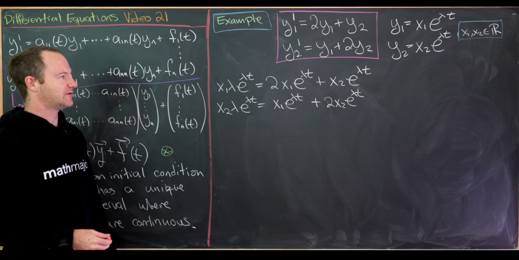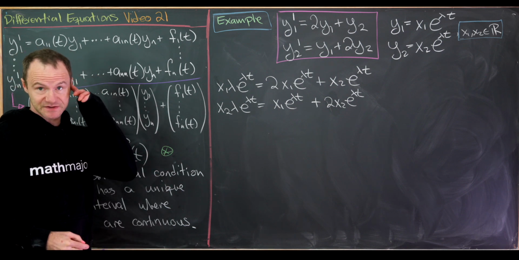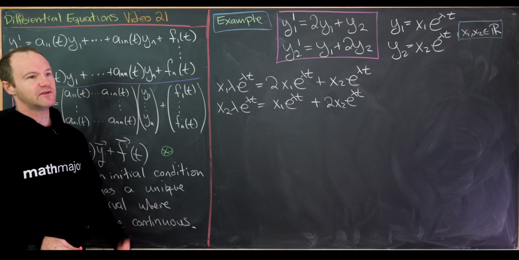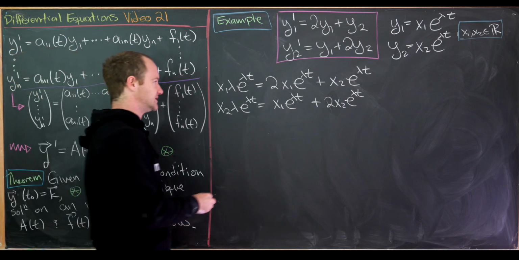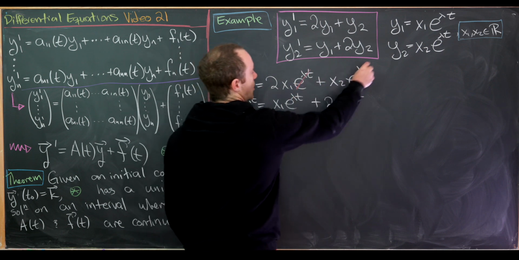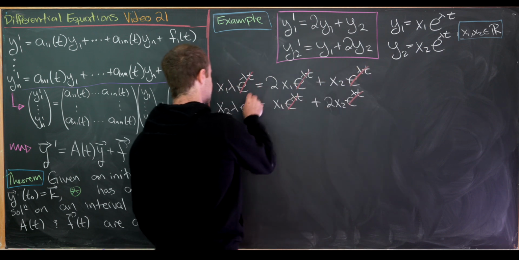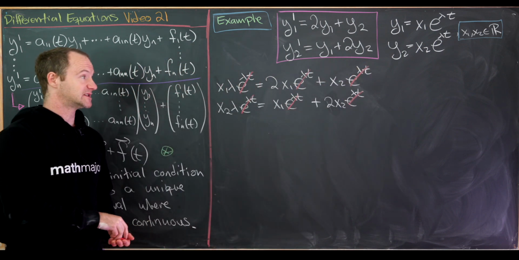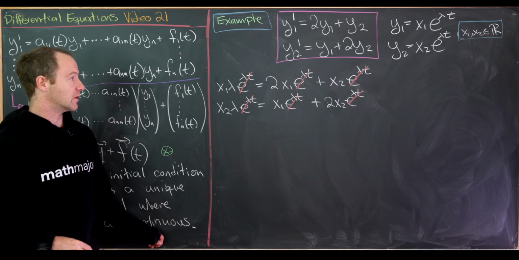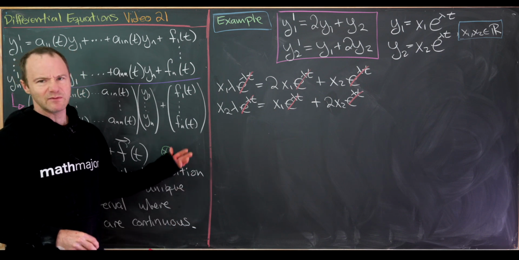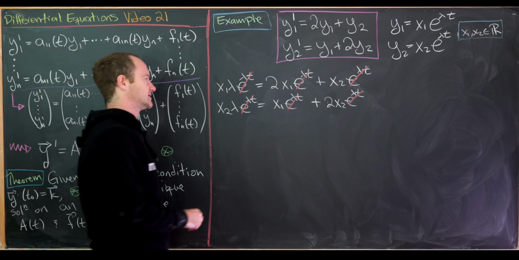But now we can simplify by dividing both of these equations by e to the lambda t, given that e to the lambda t is never 0. So that'll cancel out all of these exponential functions and leave us with simply a system of linear equations. So let's maybe move it around so it looks like a homogeneous system.